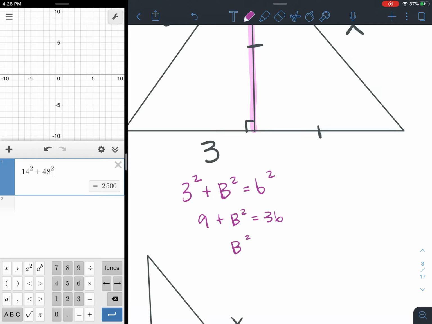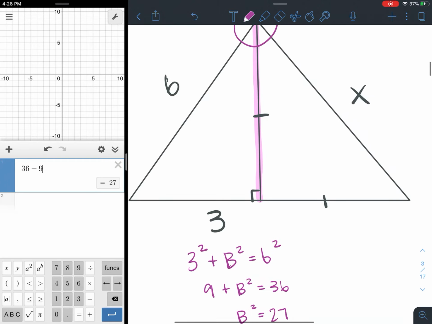So b squared, if I take 36 minus 9, because my brain's not working, is 27, and I did that up above, so b is going to be equal to 3 square root 3. And those tick marks tell us that this one over here is also 3 root 3.